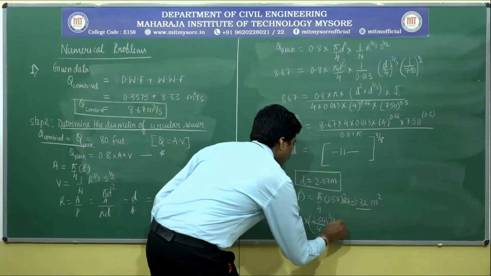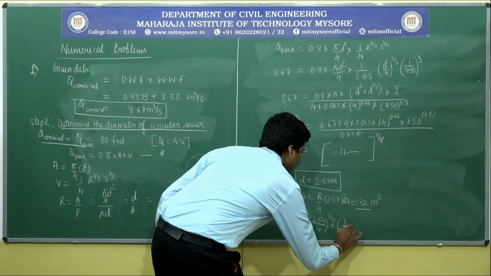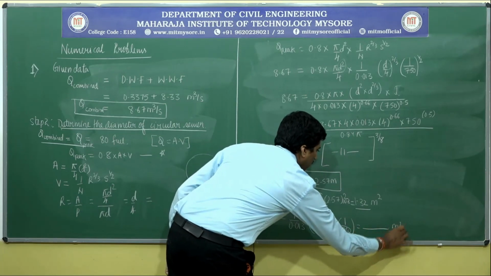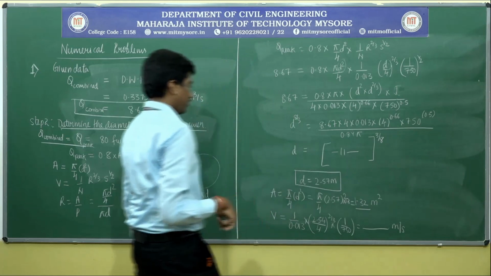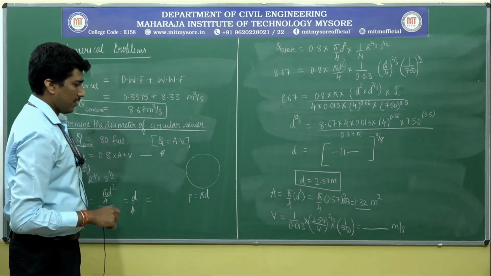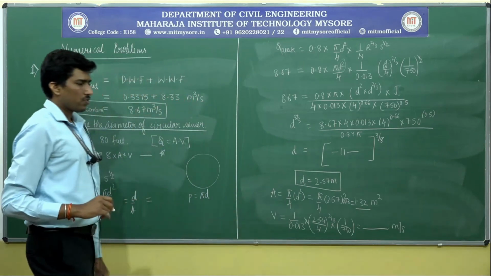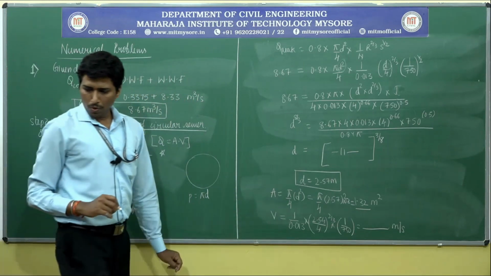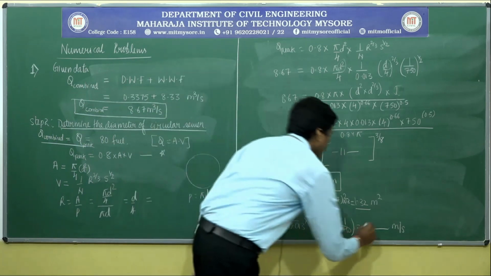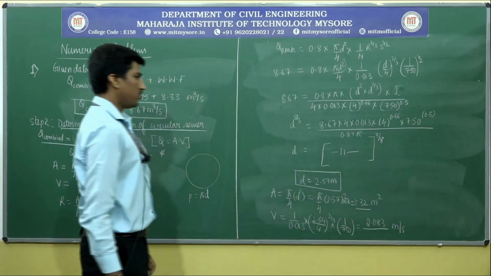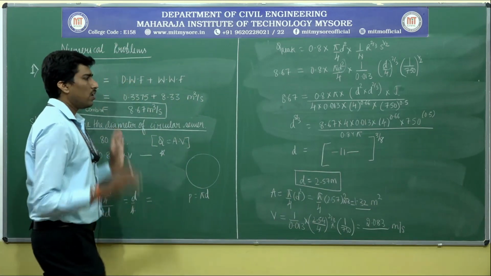And what is the value of S? S is equal to 1 by 750. This equation you are going to use, and velocity is expressed in terms of meter per second. Getting the point clear for this? So therefore the velocity is given as 2.083 meter per second. 2.083 meter per second.